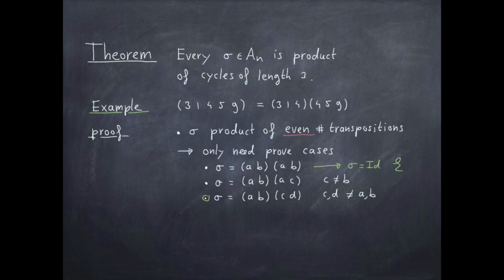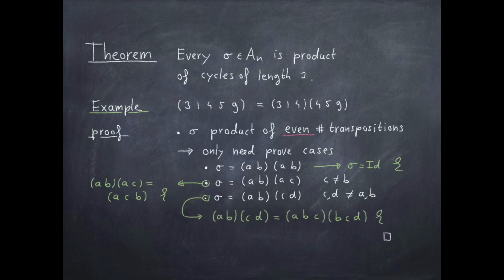It is the empty product. In the second case, the product of the two transpositions is a cycle of length 3 and we're done as well. The last case, the product of two disjoint transpositions, turns out to be the product of two cycles of length 3. This completes the proof.